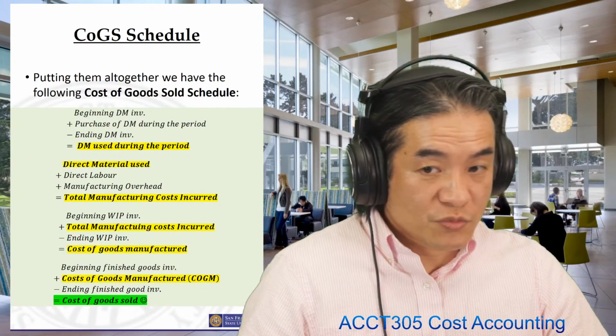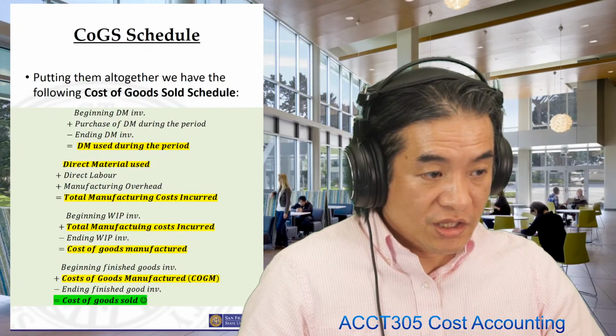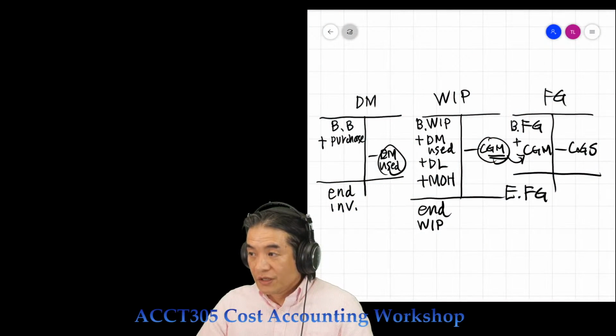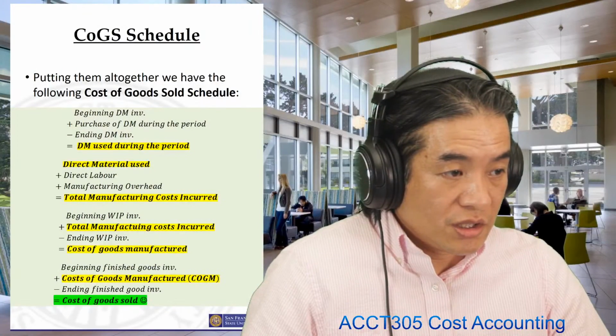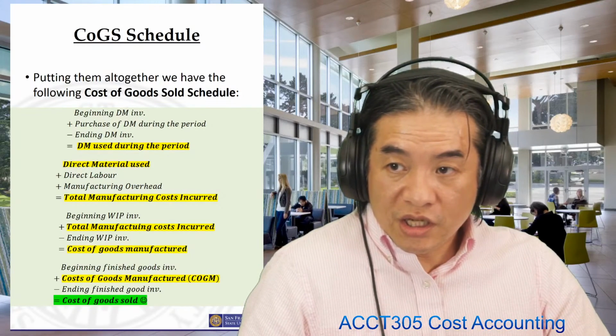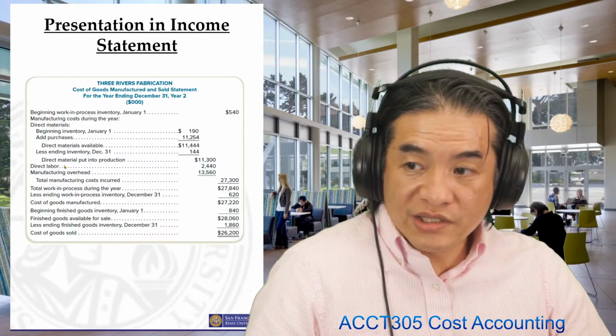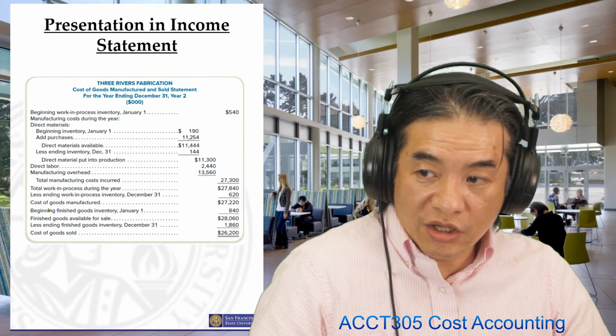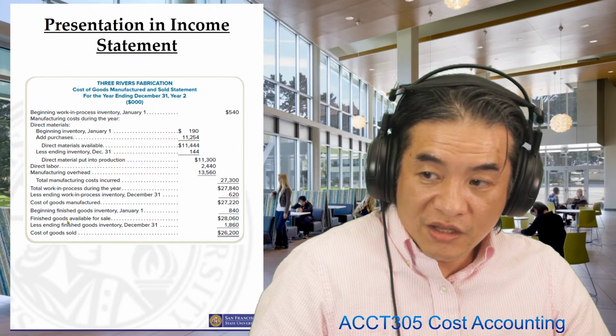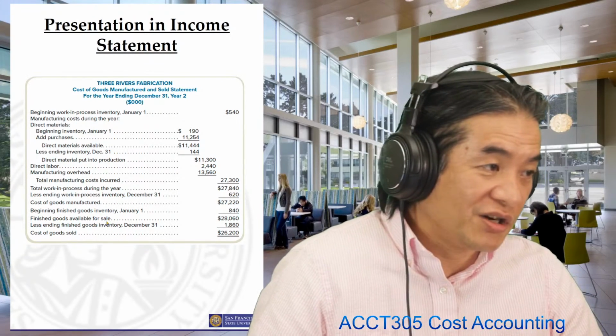Right? We just represented it in the form of a series of T accounts. You don't need to worry too much about this thing on the income statement. Sometimes they add things like that, total manufacturing costs incurred, and then this here, the finished goods available for sale.